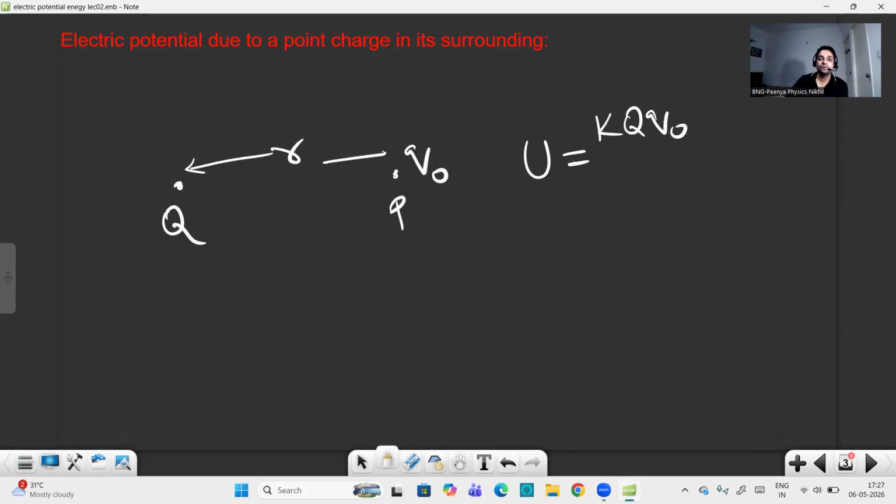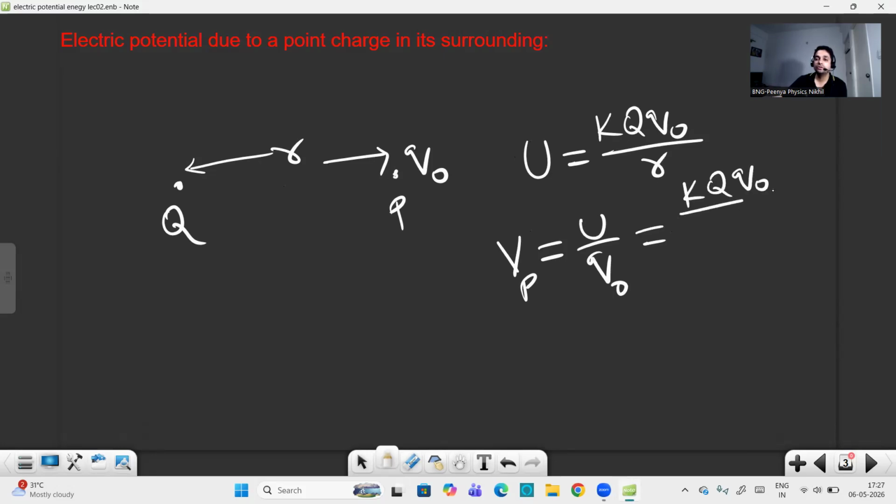Electric potential at point P is defined as U by Q naught, so it is K Q Q naught by R divided by Q naught, which is K Q by R. So this is the electric potential due to a point charge in its surrounding.